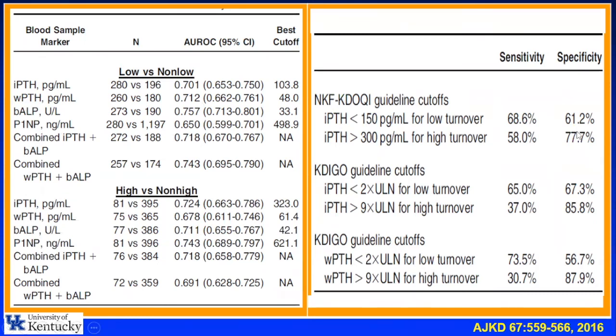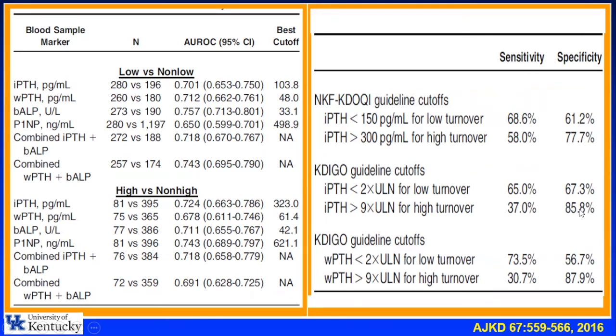But again, the best value you get is if the PTH is more than 9 folds of the upper limit of normal. This actually gives you about 85, 86% confidence that this patient has high turnover. Still, you can miss about 15% of the time, and the patient doesn't have high turnover, but at least if you have very high PTH, the positive predictive value and the specificity is very high for high turnover bone disease.